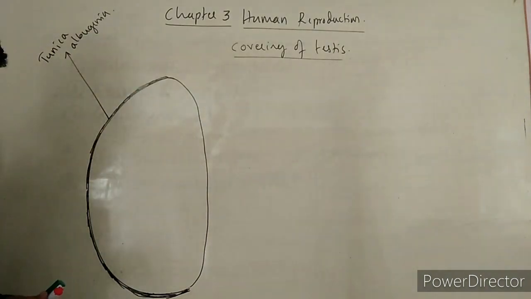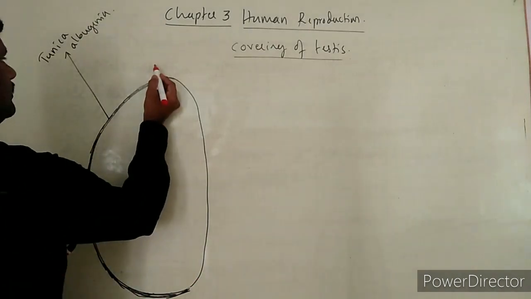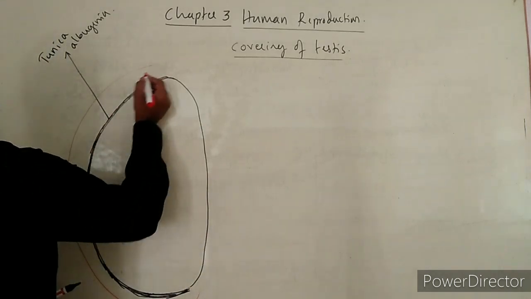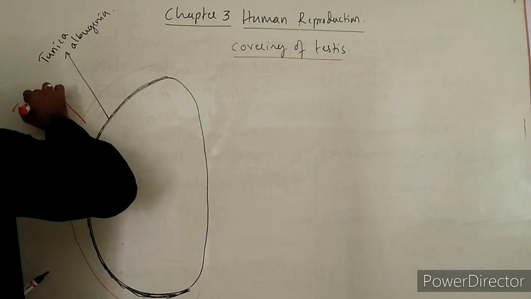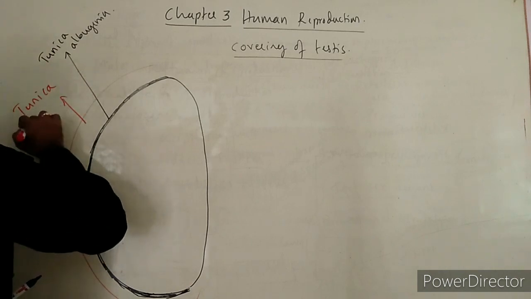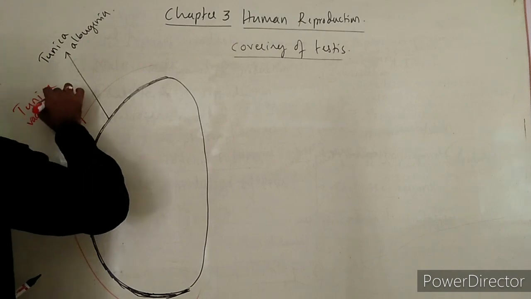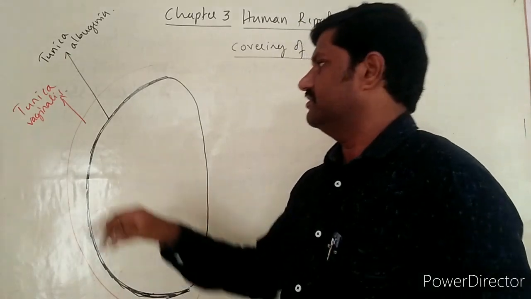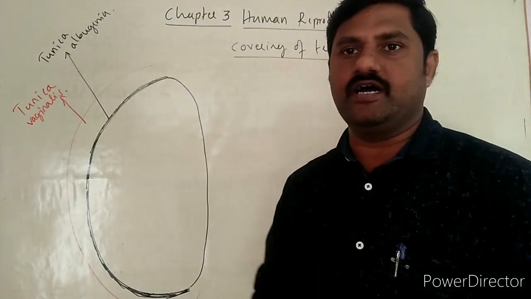Above this Tunica Albuginea, we come across another thick, sponge-like layer, and this layer is called Tunica vaginalis. This is Tunica vaginalis and this is Tunica Albuginea.